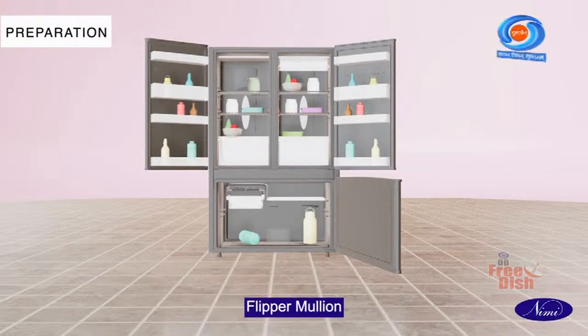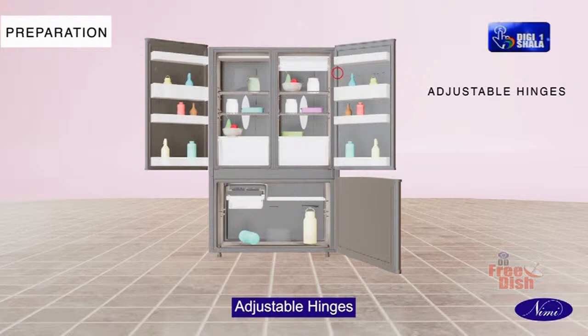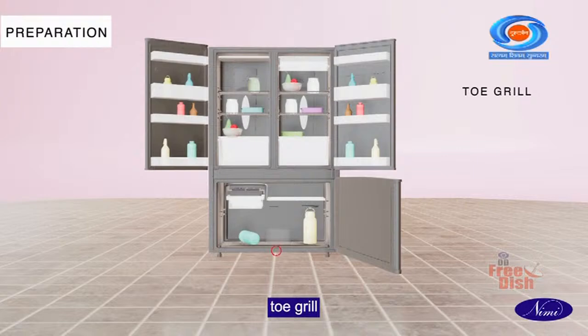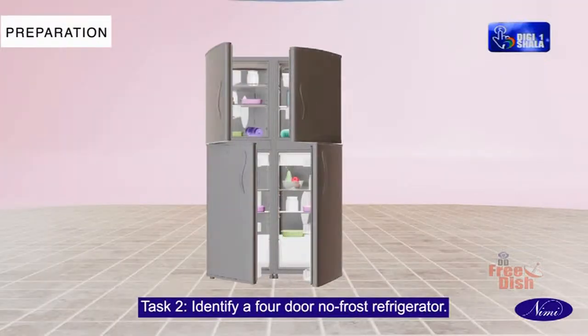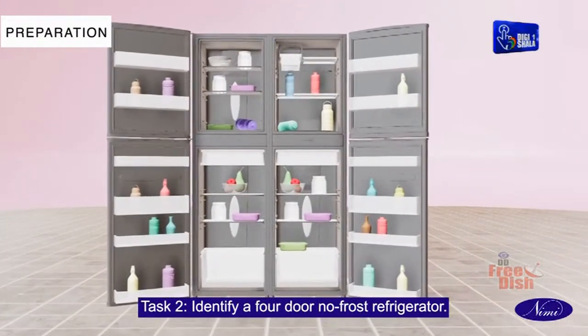Flipper mullion. Crisper dryer. Store more dryer. Door bin. Adjustable hinges. Freezer baskets. Toe grill. Task 2. Identify a 4-door no frost refrigerator.